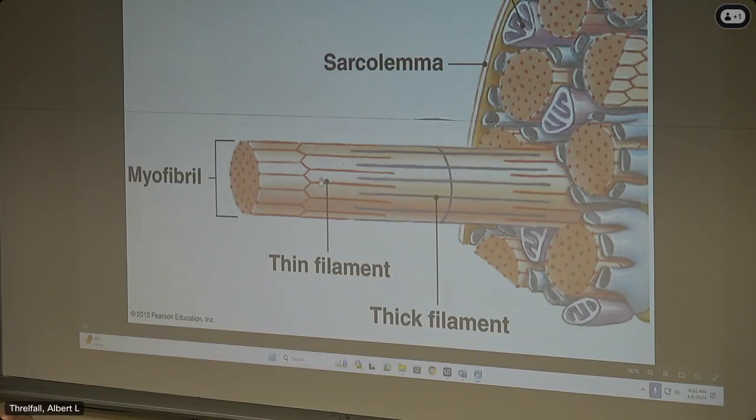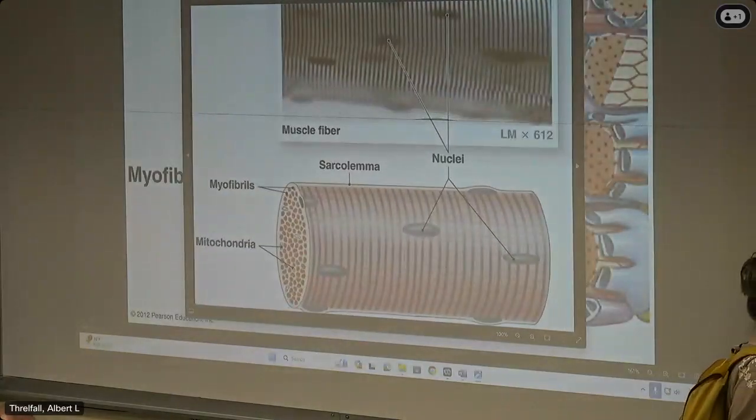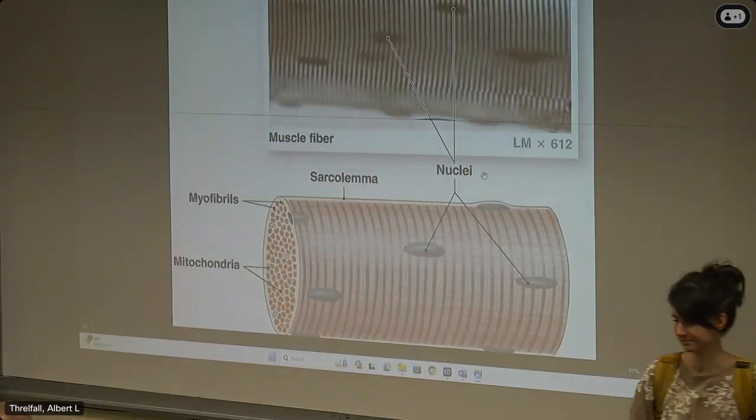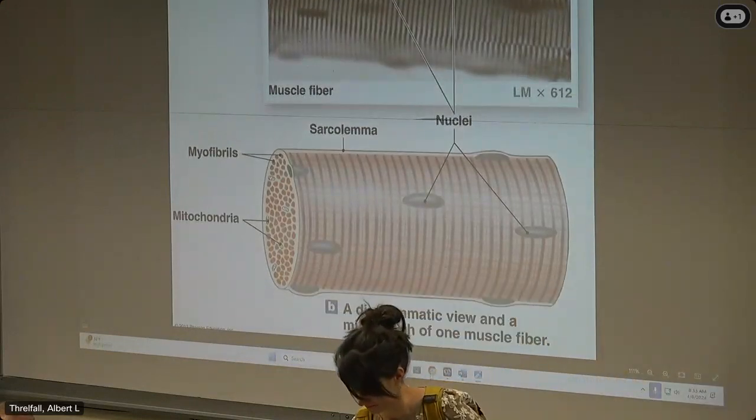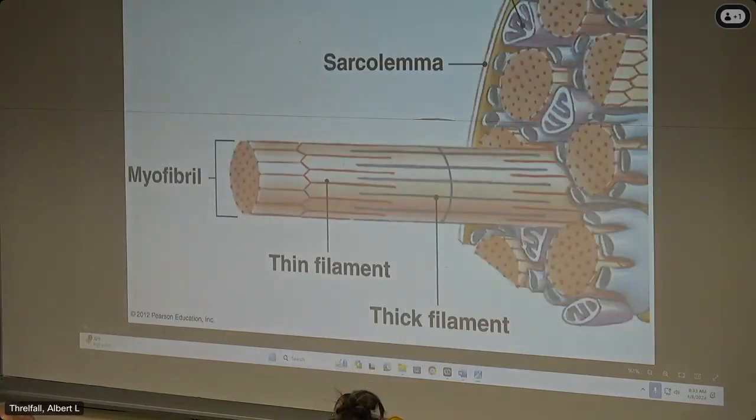We have the lightest area down here, which is just actin. This very dark area where actin and myosin overlap is what gives us this striated appearance. There really aren't any vertical striations. That's the area where actin and myosin overlap.